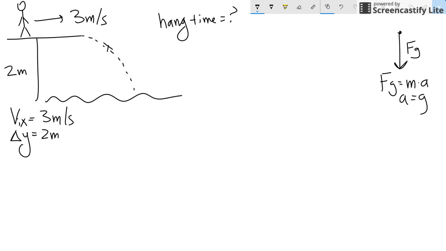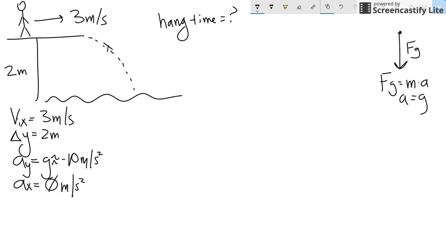That arrow is only pointing down. It's not pointing anywhere to the side. So the acceleration in the y direction must equal gravity, which is about -10 meters per second squared. There's no forces in the horizontal direction. It is totally balanced. That means that the acceleration in the x direction is going to be 0 meters per second squared.